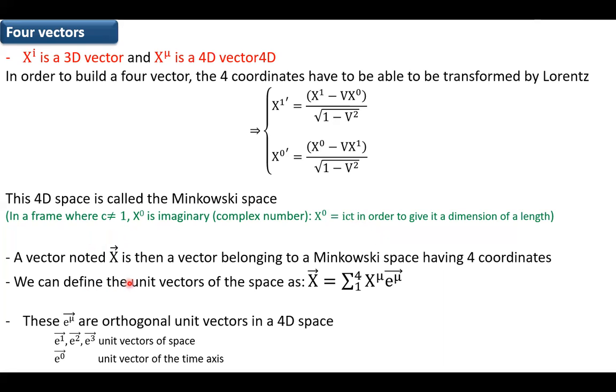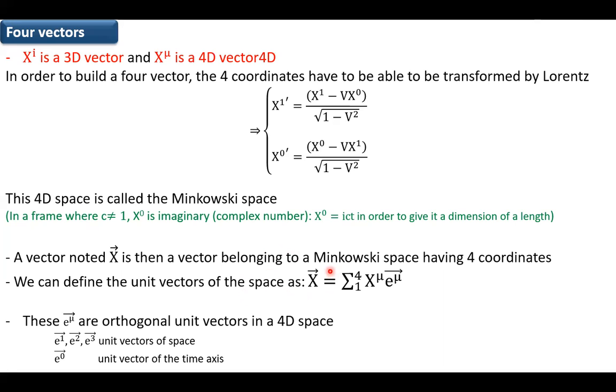So we go back to our 4-vector notation. Any x with a vector is a 4-vector. It belongs to a Minkowski space with 4 dimensions that are all transformed by the Lorentz transformation. We should define our unit vectors for this set of coordinates.